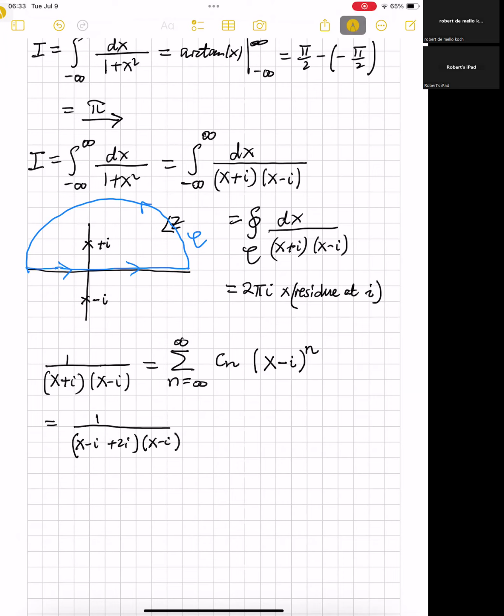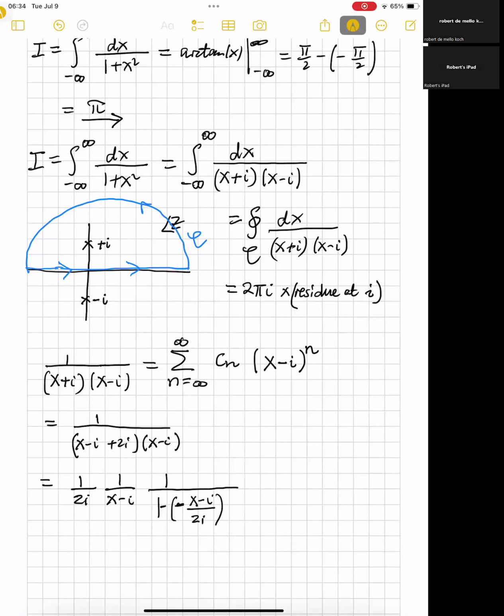So I'm just getting hold of the x minus i's everywhere, and then I can write things as follows: 1 over 2i, 1 over x minus i, and then 1 over, let's write this as, 1 minus, with a minus sign there, (x minus i) divided by 2i.